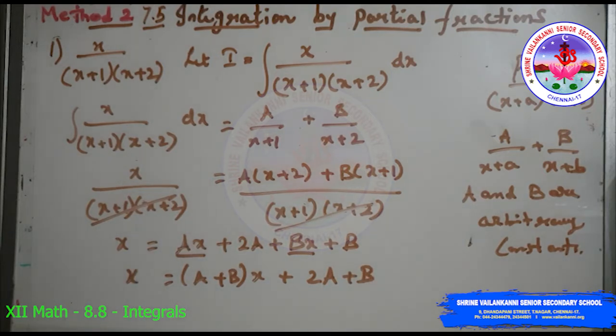Now we have to find the values of a and b. Here equating the coefficient of x, I have 1x which is equal to a plus b into x, that is a plus b equal to 1. Again equating the coefficient of constants, 2a plus b, here we don't have any constant, which is 0, so 2a plus b equal to 0.